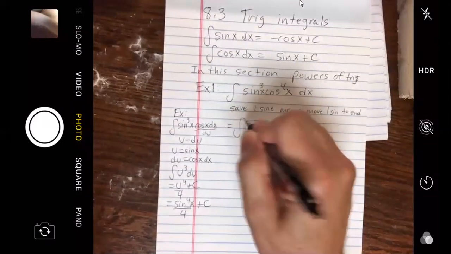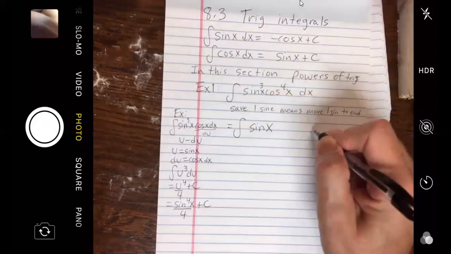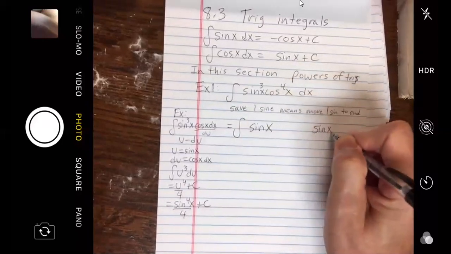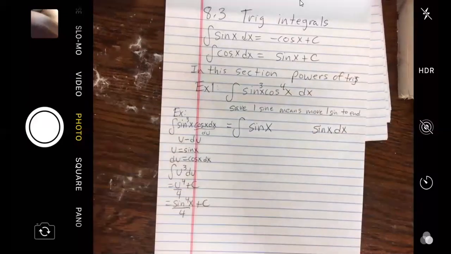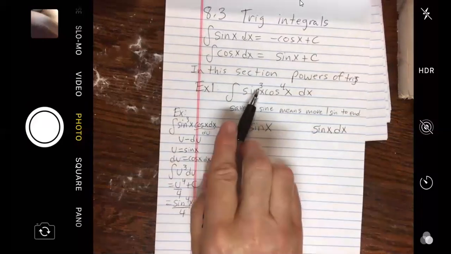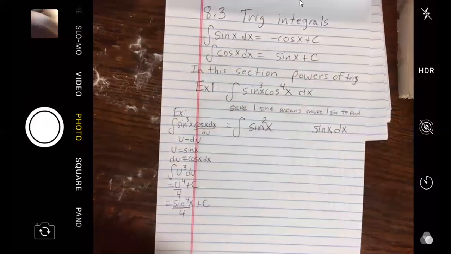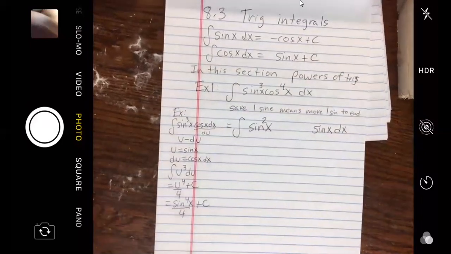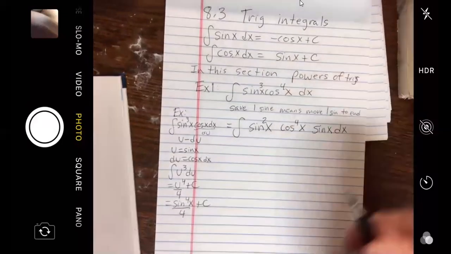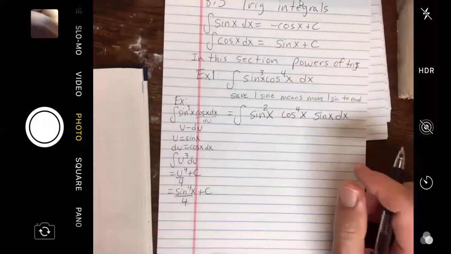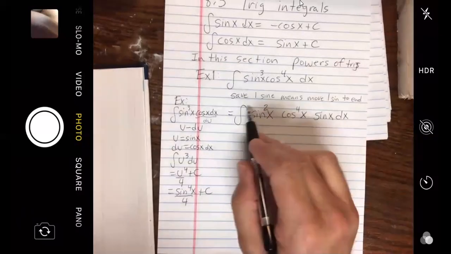That means you get sine of x and you move one sine to the end with the dx. Well, when you do that, you've reduced that power by 1. That becomes a sine squared, cosine fourth. I'll just lay this out step by step. Probably the only one we'll have time to do. Any questions about doing this? This is what they mean by save one sine.